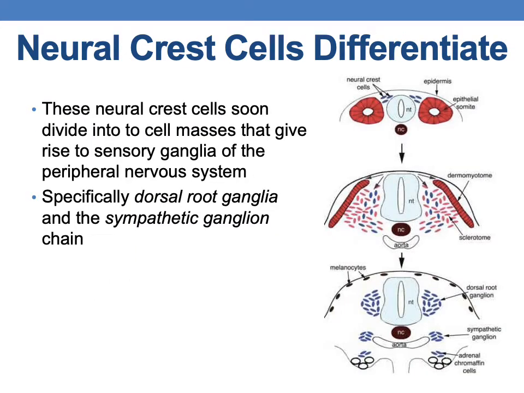These neural crest cells soon divide into a cell mass that give rise to the sensory ganglion of the peripheral nervous system, specifically the dorsal root ganglia and the sympathetic ganglionic chain.